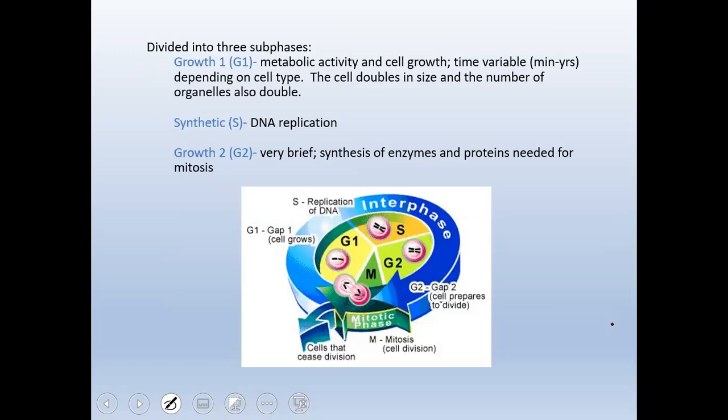This is where DNA is actively dividing and replicating. And then we have our G2 phase. This is where he's packing a lunch. He's gathering the energy and the nutrients that he's going to need in order to properly divide. So all 3 of these are part of interphase. We're all preparing to actively divide. G1, synthetic, and G2.